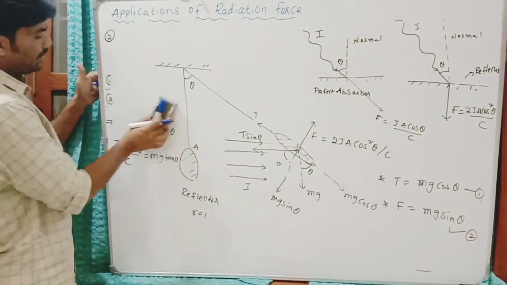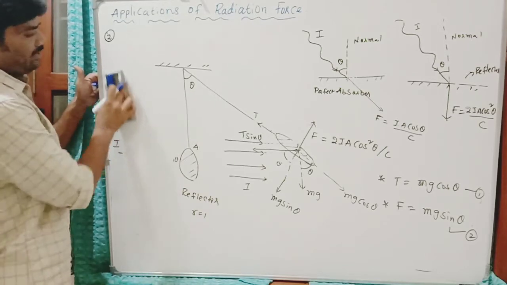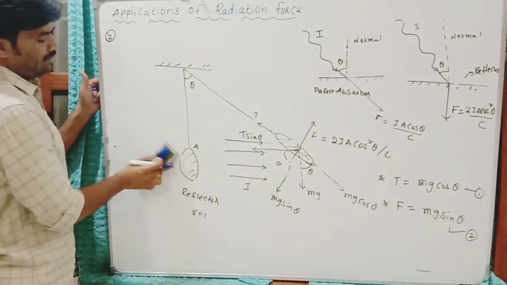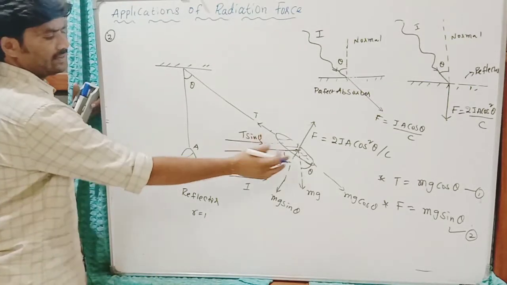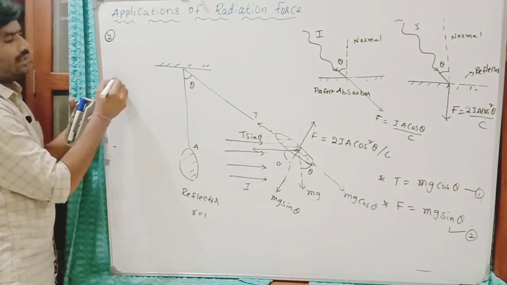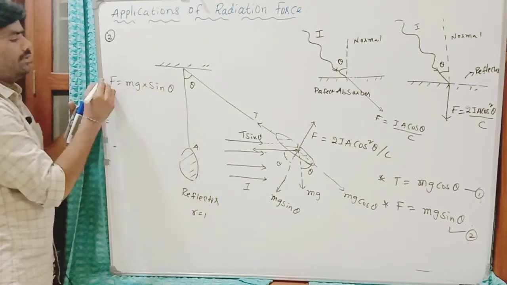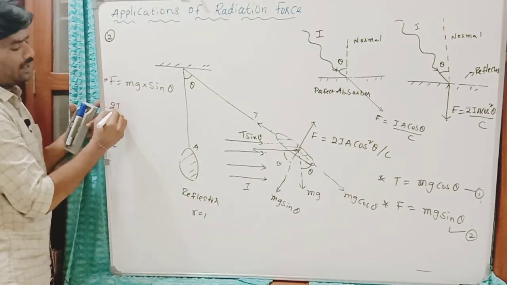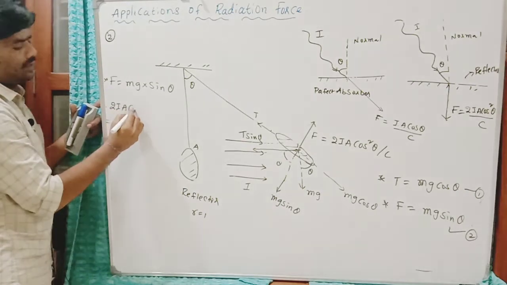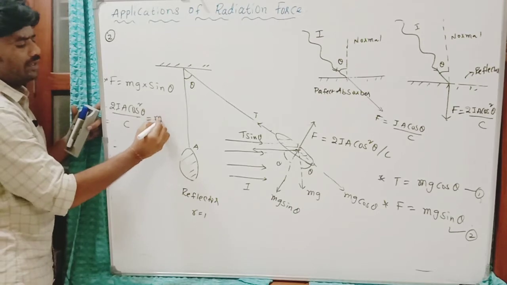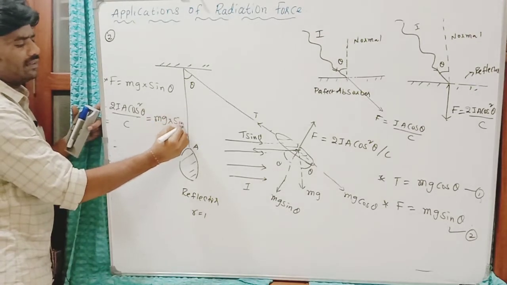From those two relations, for the mass of this object, from the force F equal to mg into sin theta, where F is 2IA cos square theta by c, equal to mg into sin theta.